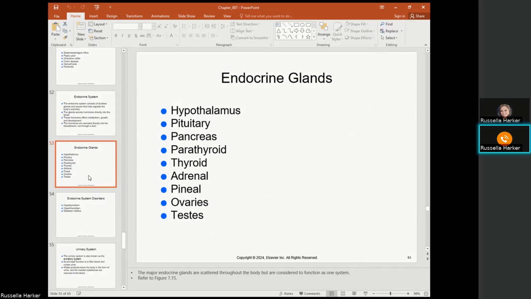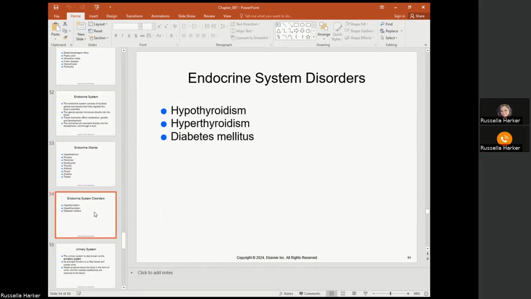These are our endocrine glands. Endocrine disorders include hypothyroidism, hyperthyroidism, and diabetes mellitus.